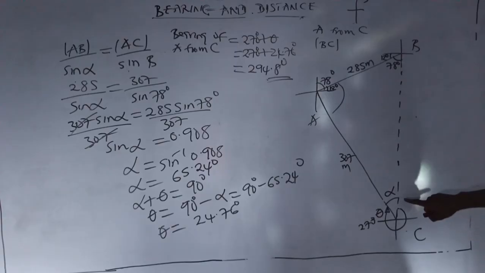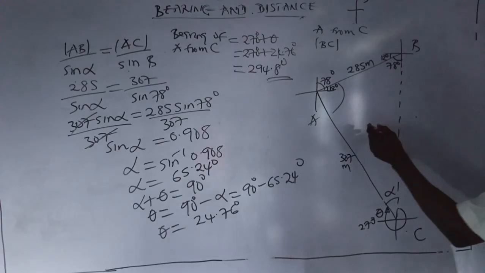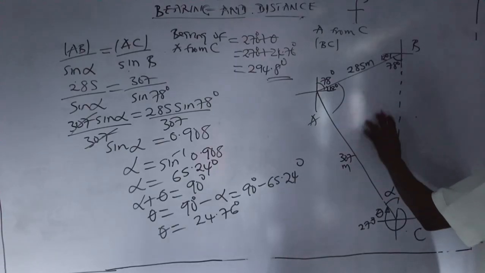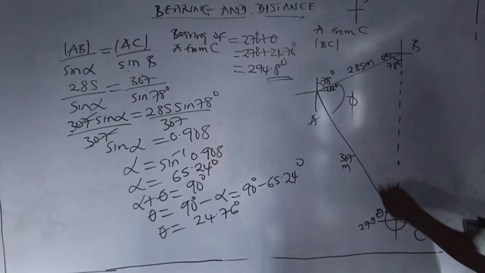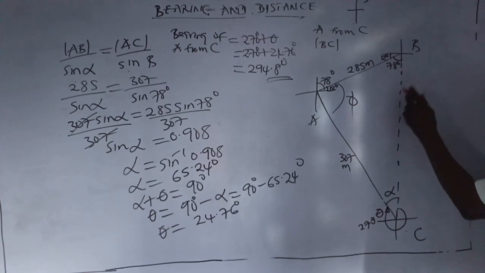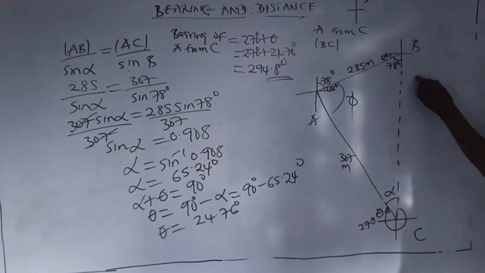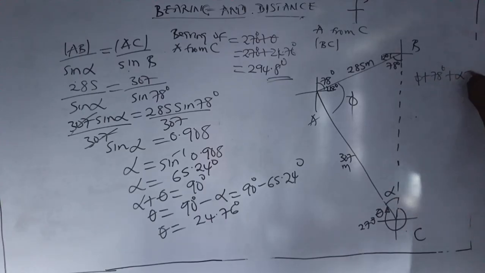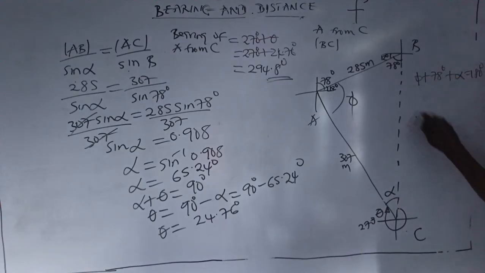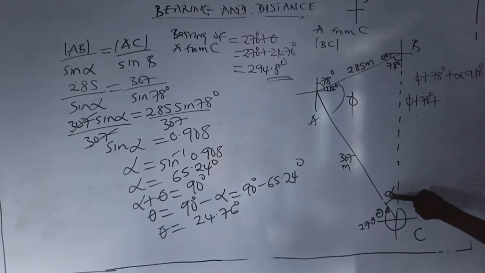But if this angle is known, let me call it phi. Then I'll simply have phi plus 78 degrees plus alpha equal to 180 degrees.